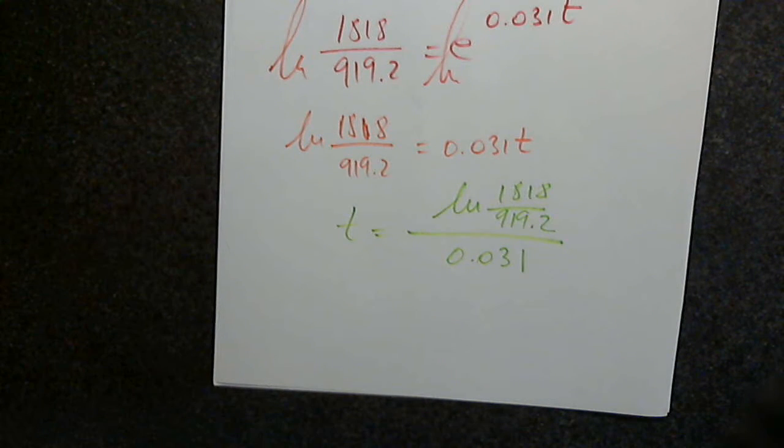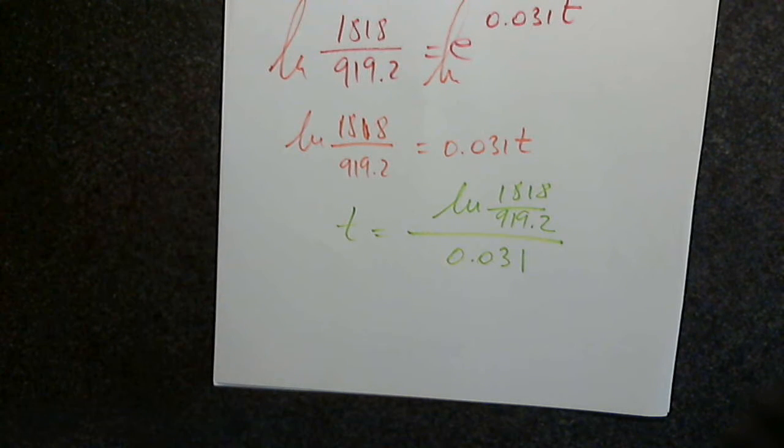I'm going to put the calculator on the screen. So here it is. Natural log of 1818 divided by 919.2, close the parenthesis and divide by 0.031.